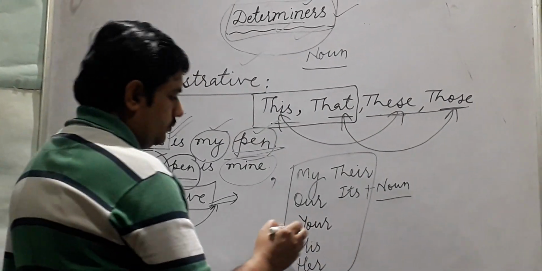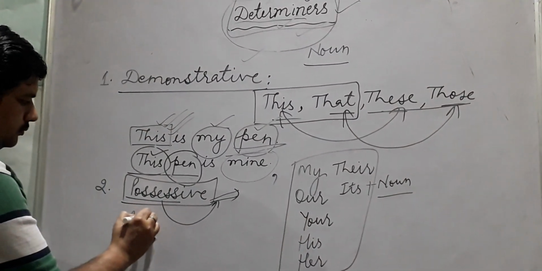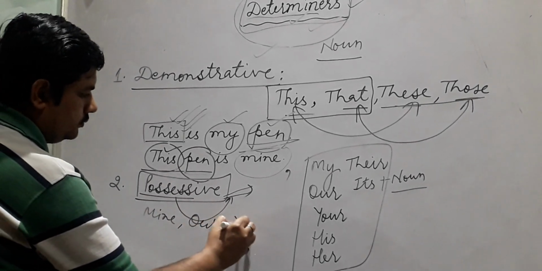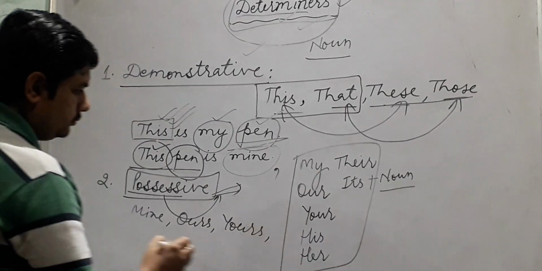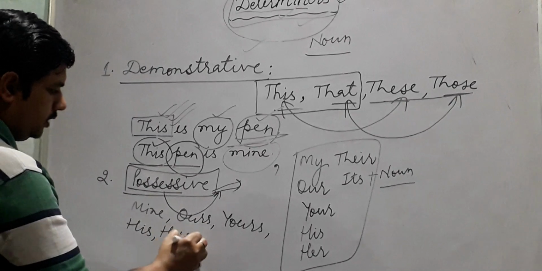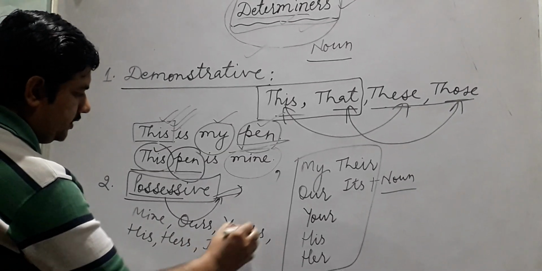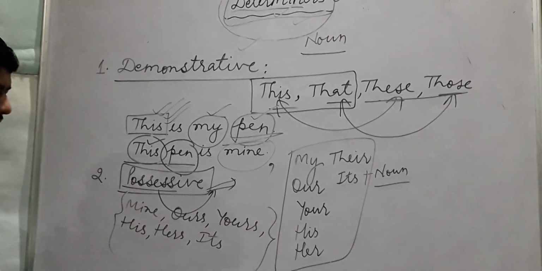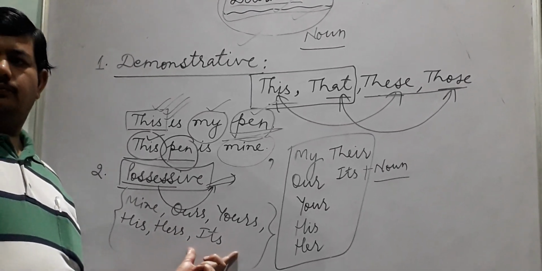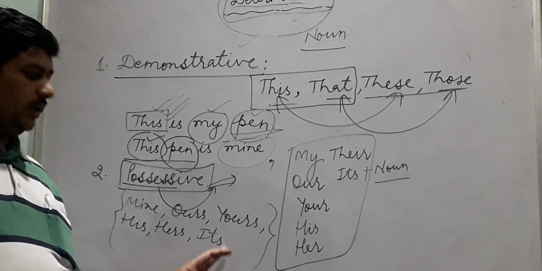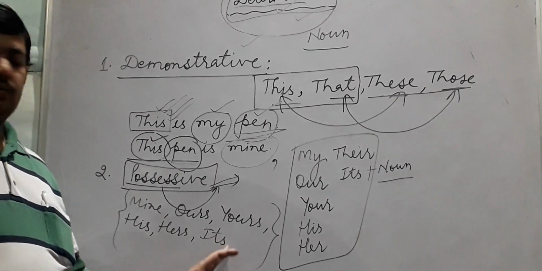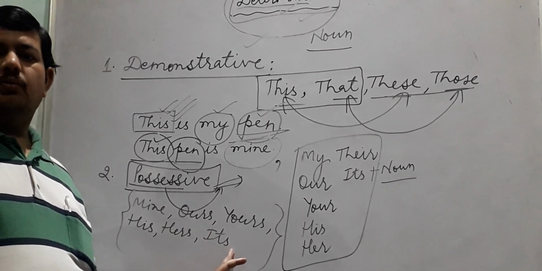Listen: mine, ours, yours, his, hers, its. These are self-explanatory. When these words are not used with a noun, there we use them as possessive pronouns.